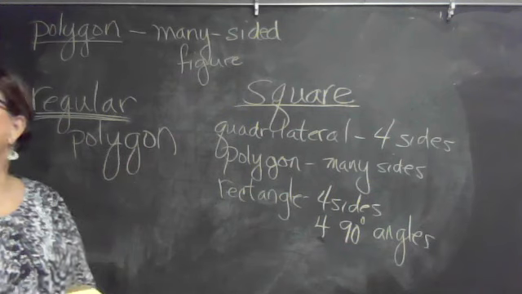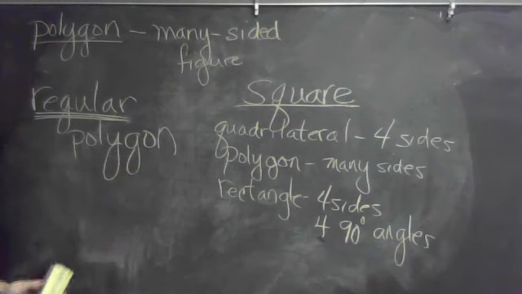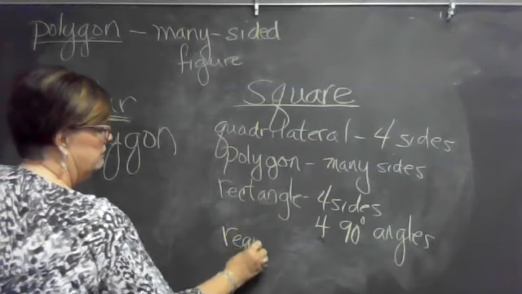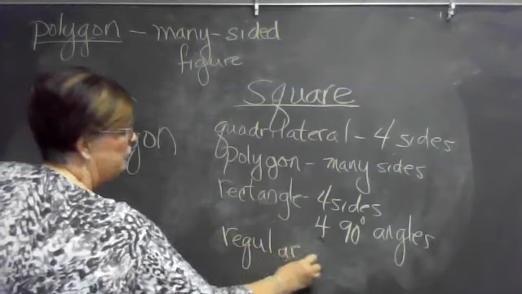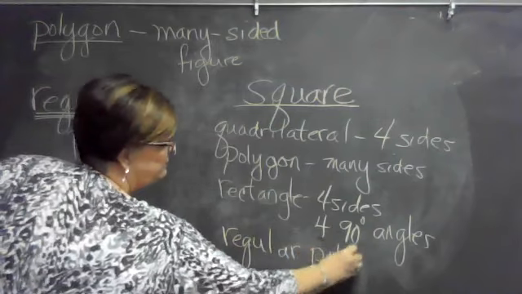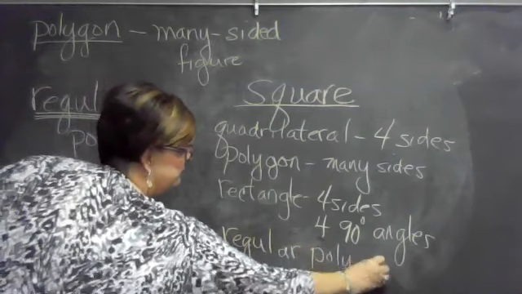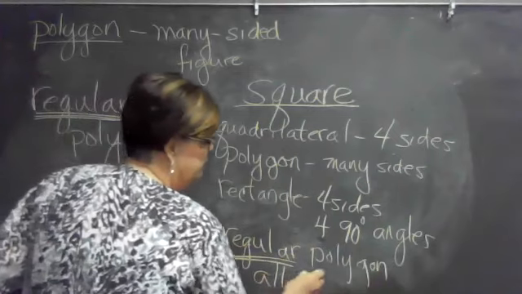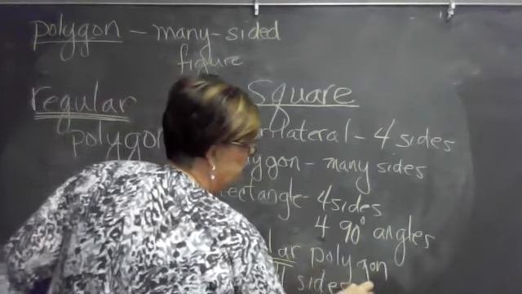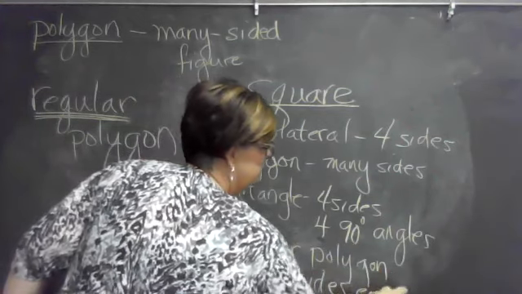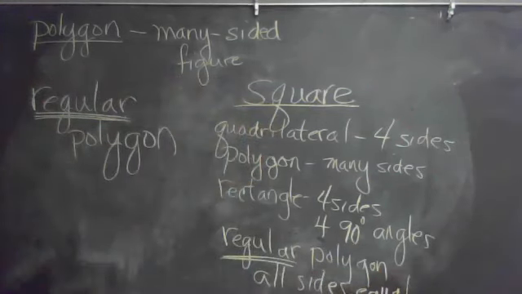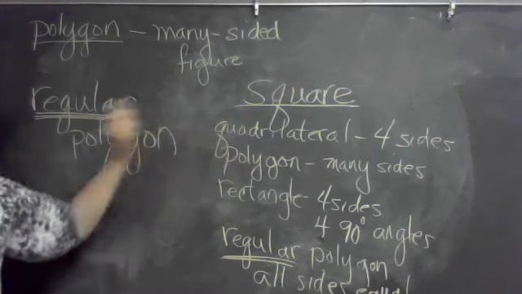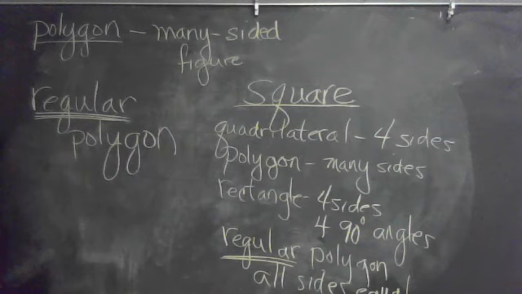I guess the other one that I'm looking for is it also can be a regular polygon. All sides are equal. Okay? So a square has all different names, okay? It's very, very special. Has a lot of names.